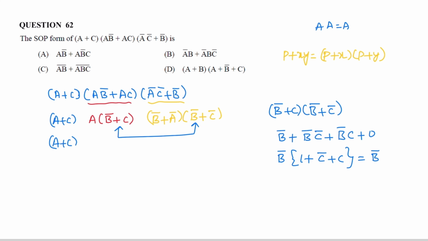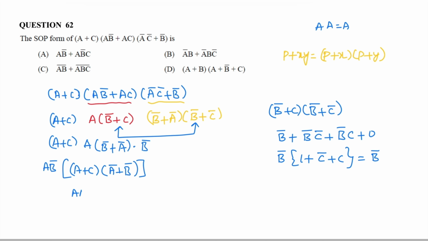Next it is a b' plus a' b'. Now it will become a b' multiplied by (a + c)(a' + b'), so a, c, a' a b', c a', c b'. A a' is 0, so it is 0.